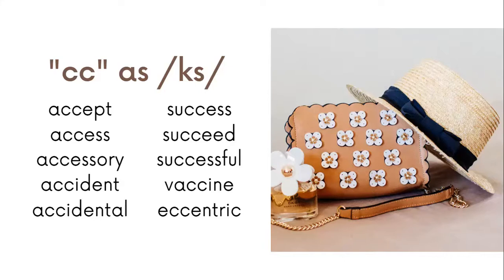Success, succeed, successful, vaccine, and eccentric. So in these words, you have the k and s. And any other word that you know has two C's and you feel like it's s representing the two C's, just know that you're meant to say ks in such a case.